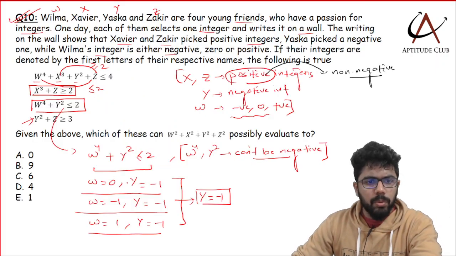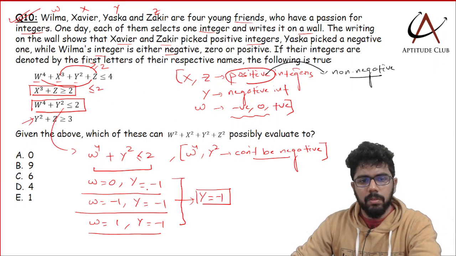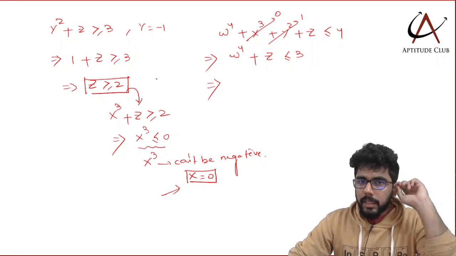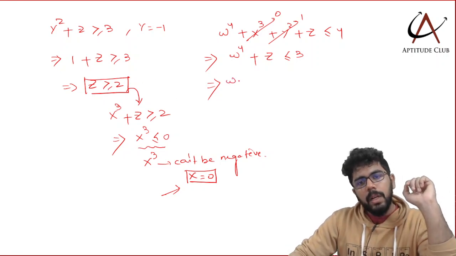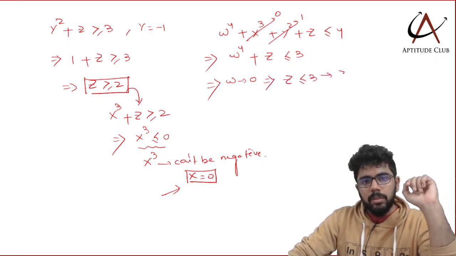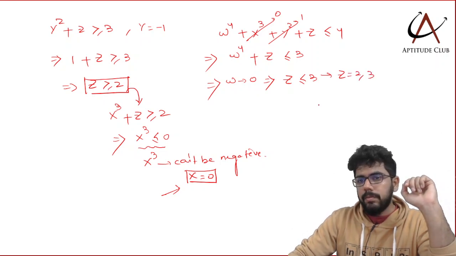Now w, the value is either 0 or -1 or 1. Okay, now z यहाँ पे greater than equal to 2 है, so if I take w as 0, so I get z is less than equal to 3, so z can be 2 or 3.